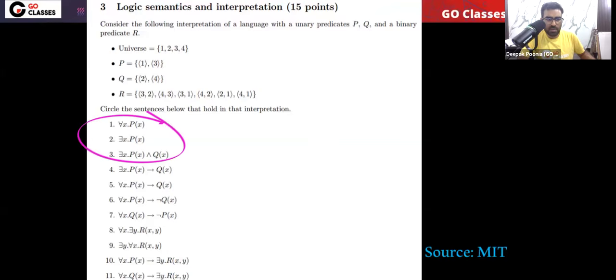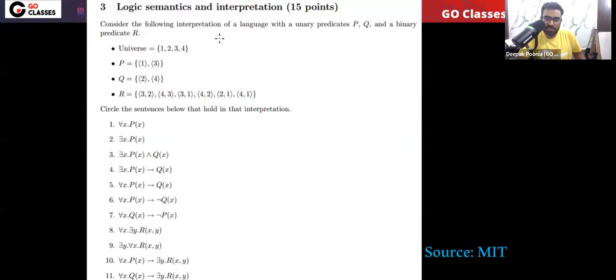So these three we have already seen. Now let's see the fourth one. There exists x, p(x) implies q(x). Remember, whenever you see this implication with an existential quantifier, please beware, take care.